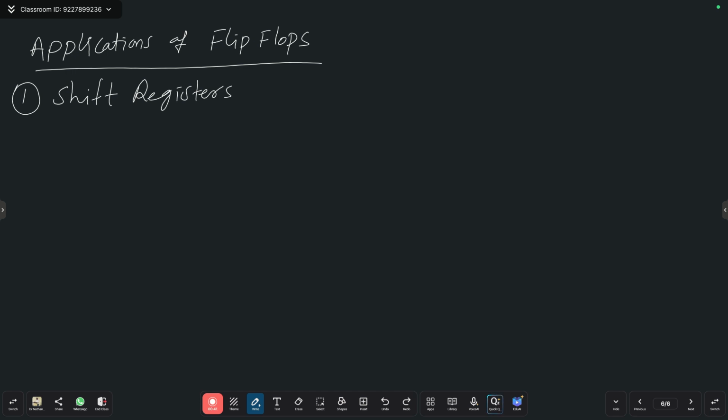Shift registers are used to store the data or shift the bits, sometimes to the left side or sometimes to the right side. Sir, how is it going to shift? Because the register contains a collection of flip-flops.